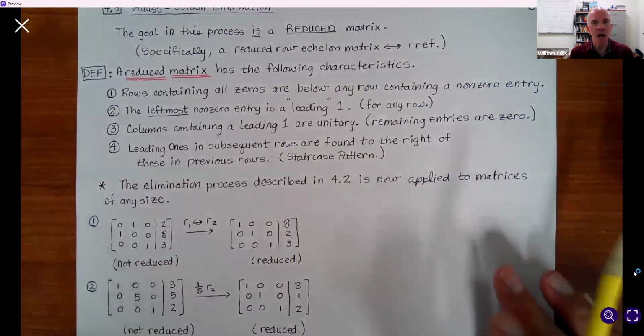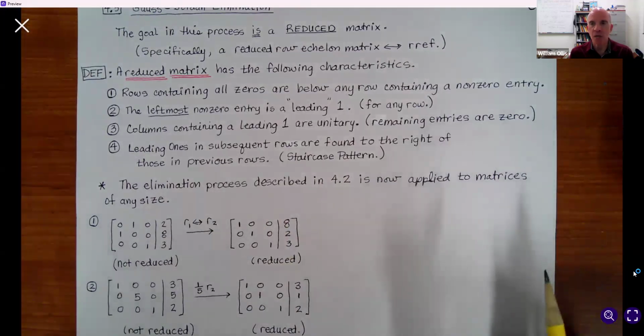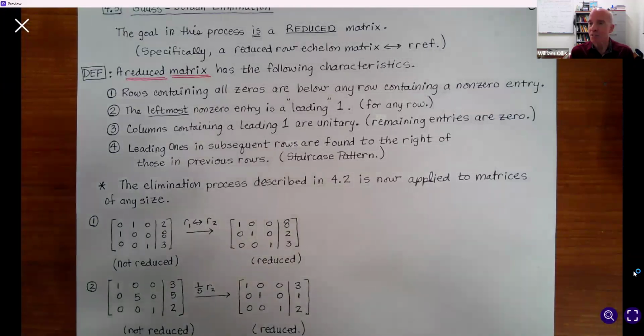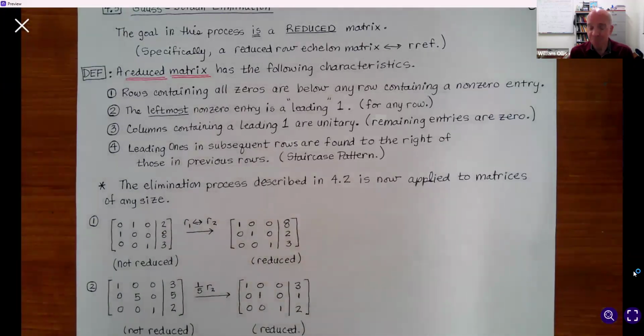So this should not be surprising to you. We see that if the goal is the reduced matrix, then we should be able to read the solution. And of course, we will also see when there is no solution. I mean, when we characterize the solution of a system, that includes the case that there could be no solution.